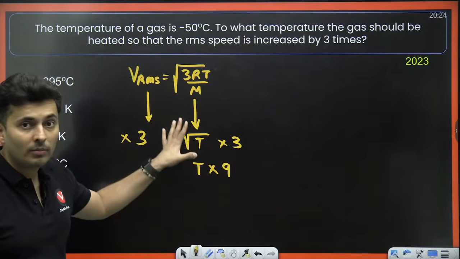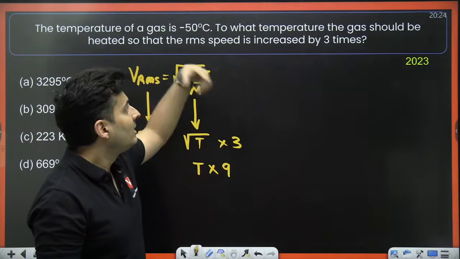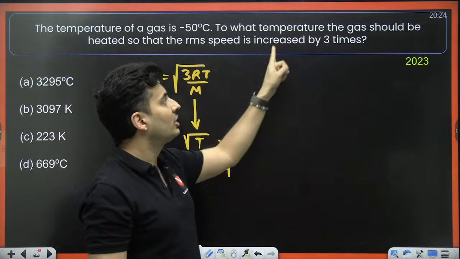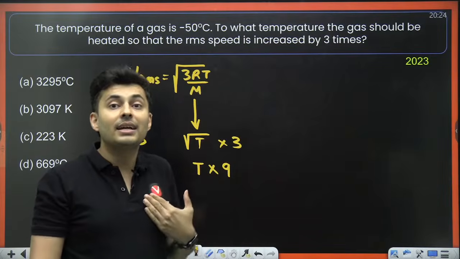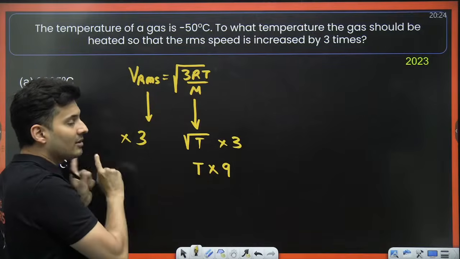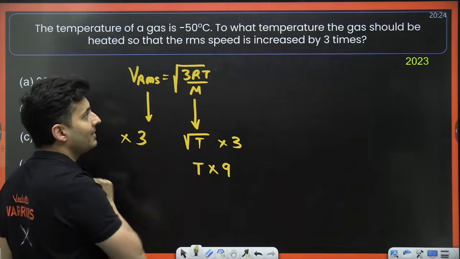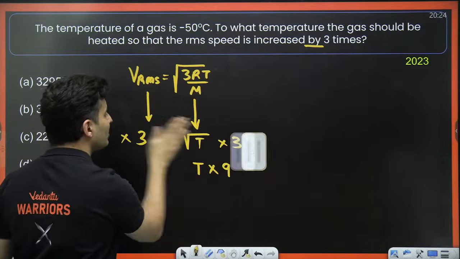But the problem is this wording. Temperature is not increased to 3 times. It is increased by 3 times. So that's why doing this logic is wrong. Understand that, because of this word 'by'.